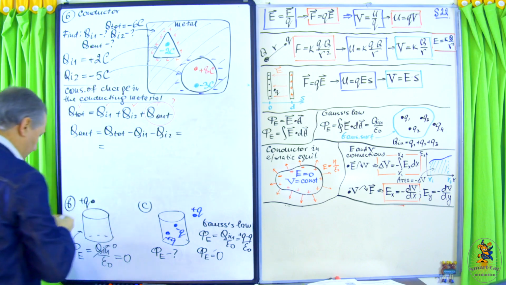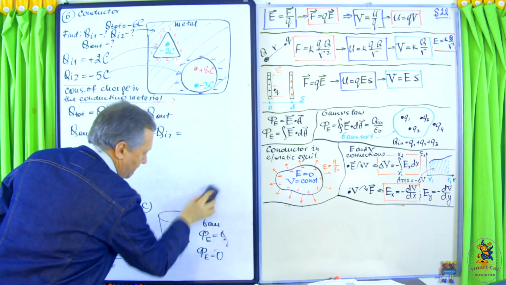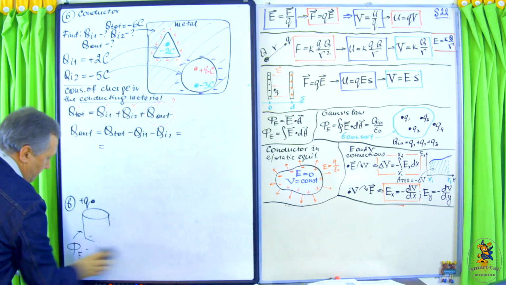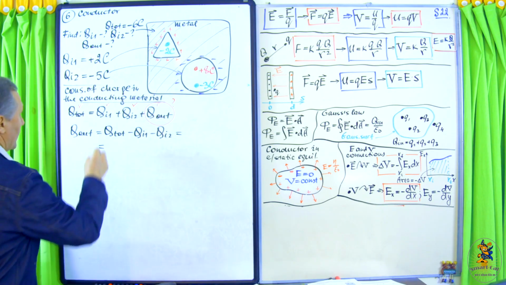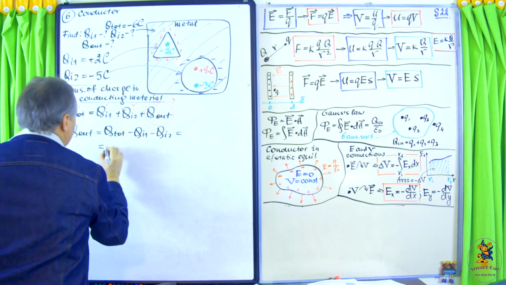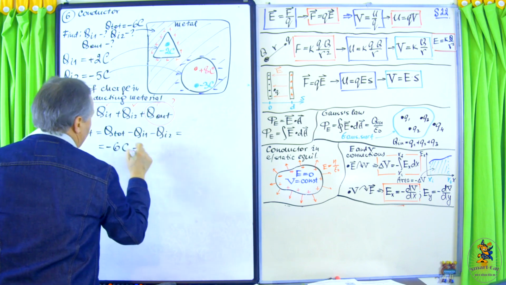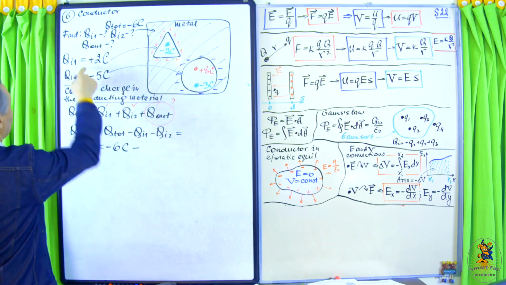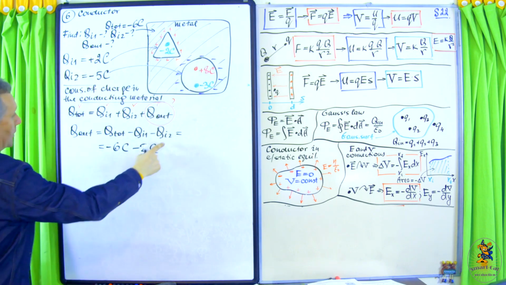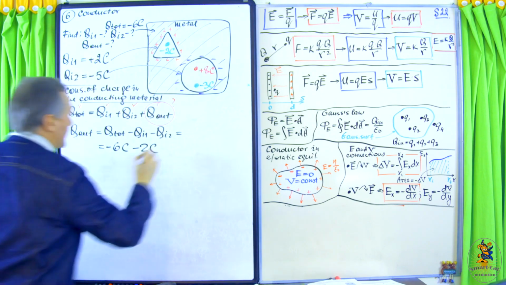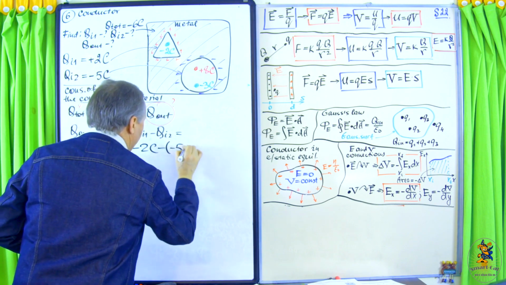So it's just a question of adding numbers. Total minus 6, then minus Q inner 1, 2 coulombs, this charge, and I2, it's minus 5 coulombs.